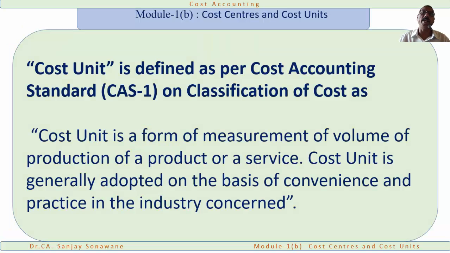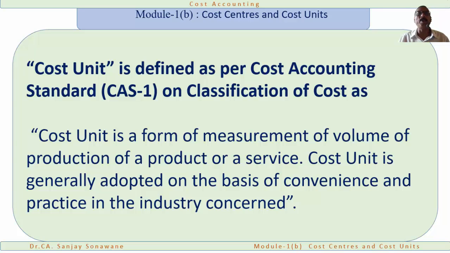Now let us come to the next part in this module. The second part is cost unit. When we talk about the cost unit, unit is a word which is used to understand a measure, that is a volume. So whenever any production is carried out, there is a measure of counting that production.